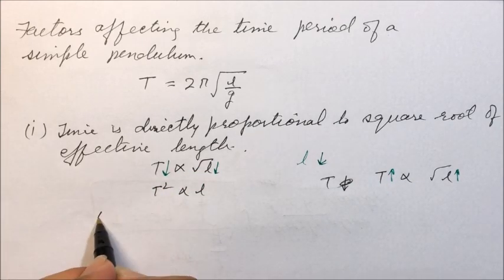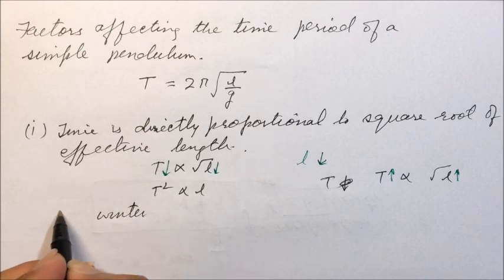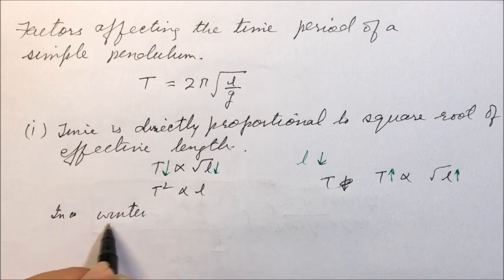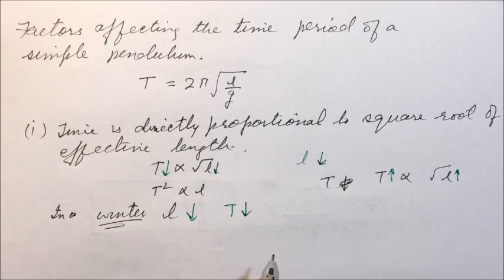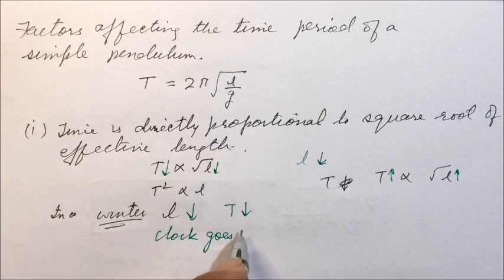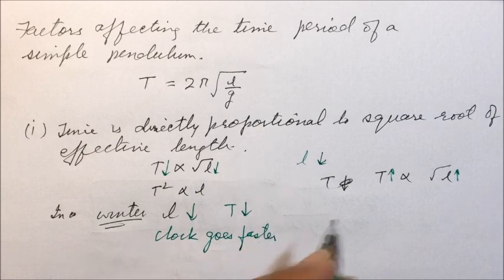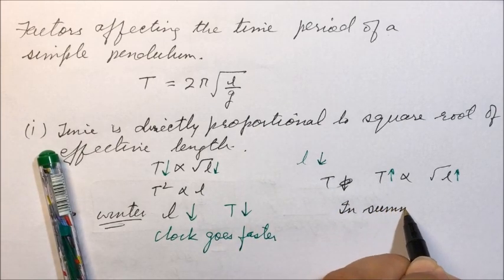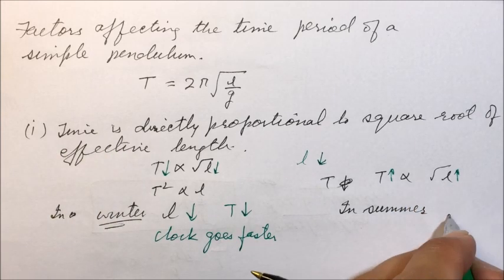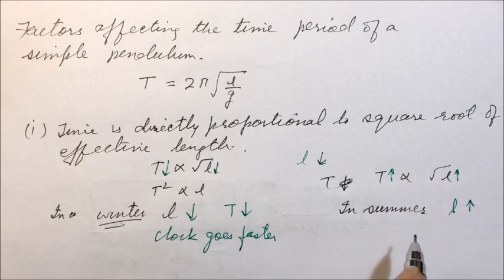In winter, effective length decreases, time period decreases as well. Clock goes faster. And in summer, effective length increases, time period increases. Clock goes slower.